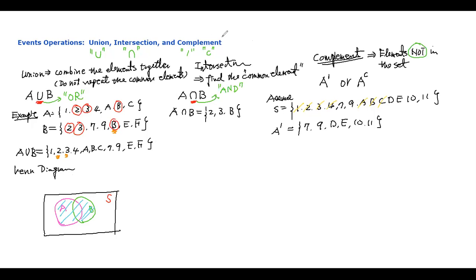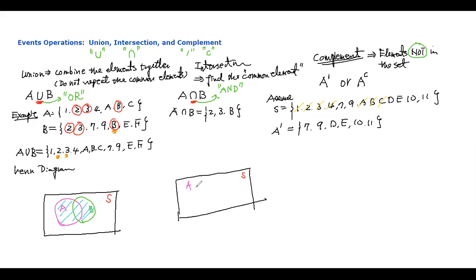Then the next one, A intersect B. Still you use a rectangle to represent the sample space. Now you have A here and you have B here. I need to make it a little bigger, and let me erase my A also.